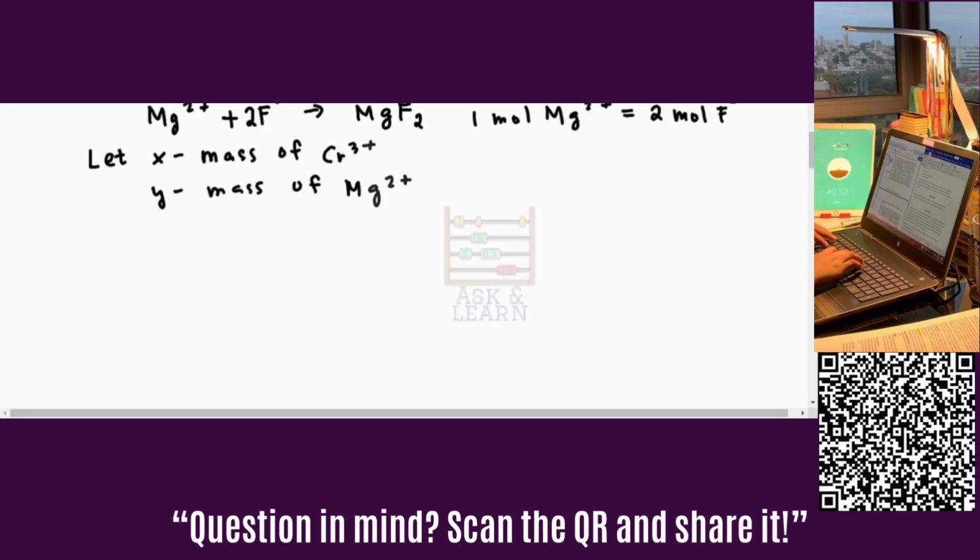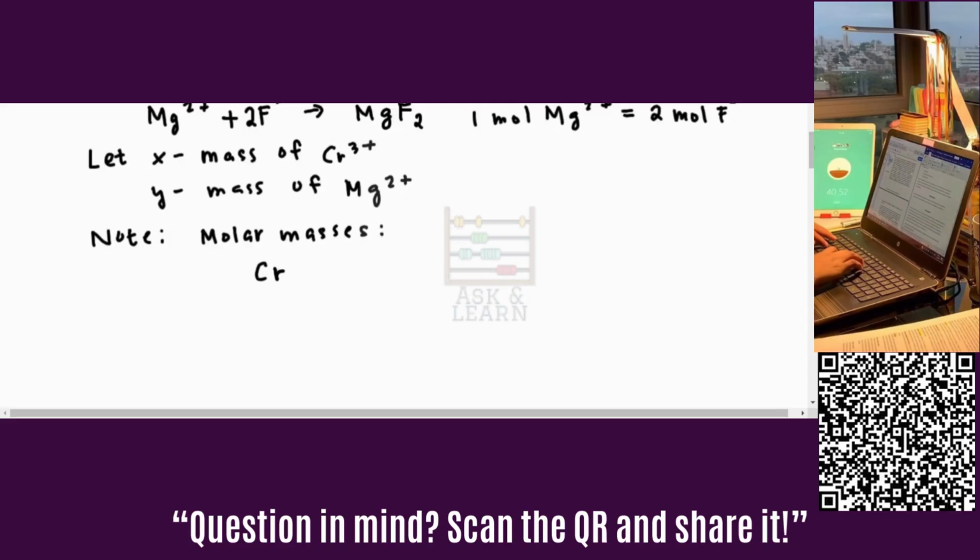So before we proceed, let us note the following molar masses. We find these molar masses as the atomic mass of the element, or the sum of the atomic masses of the elements for a certain compound.